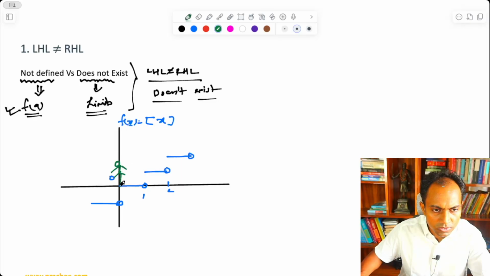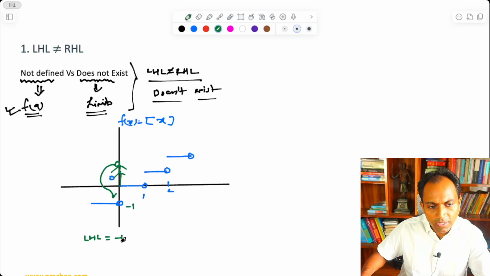So if I make you stand here at 0, and if I ask you what is the value on the left hand side, you will look into the function. The function is down below at -1 on the left hand side. It is like a stair. If you want to jump on the left hand side, you will have to go one stair downwards. So if I am asking you the approximate value on the left hand side, this becomes -1.